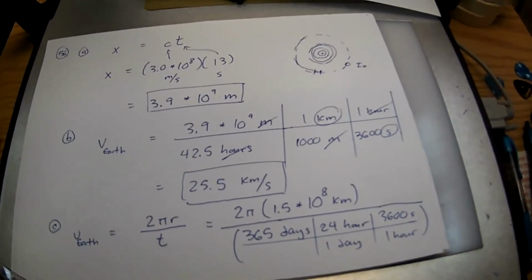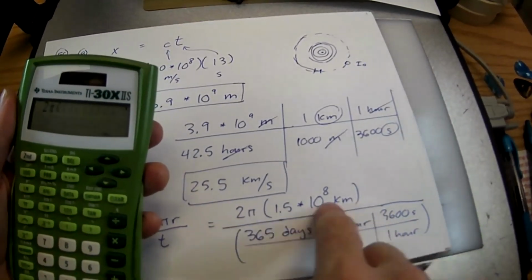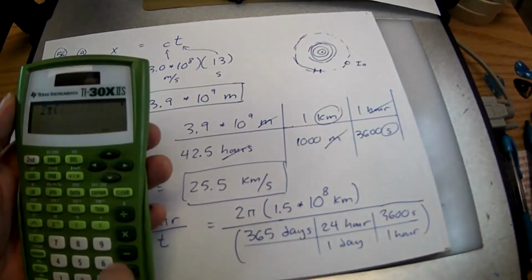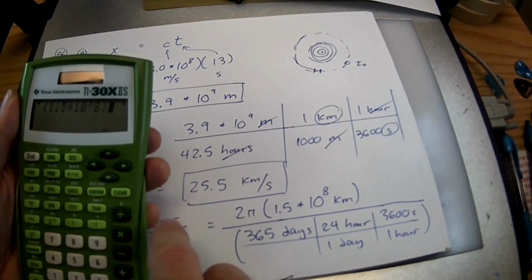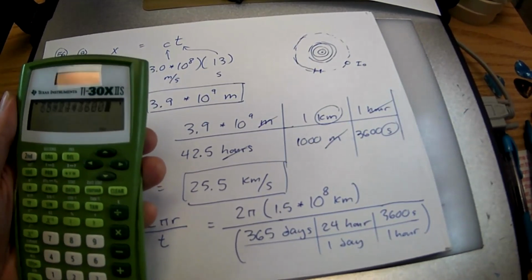Right, so if I divide this out, 2 pi r gives the total distance Earth moves in one orbit: 2 pi times 1.5 times 10 to the 8 kilometers, all divided by 365 by 24 by 3,600.